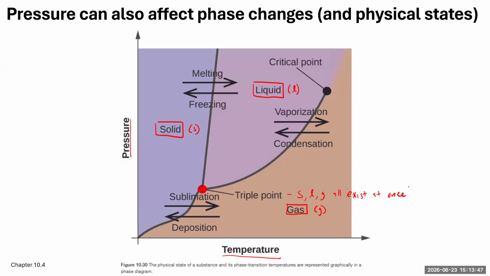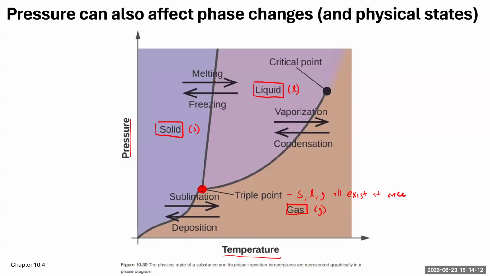Go to YouTube or Google, search for the triple point of something. They'll have little experiments with a vacuum pump and maybe some temperature control, and they can manipulate it so that you can actually see solid, liquid, and gas appearing at the same time. Sometimes it looks like boiling ice, which is wild, like a big chunk of ice that starts boiling, because again, they're all existing at the same time.